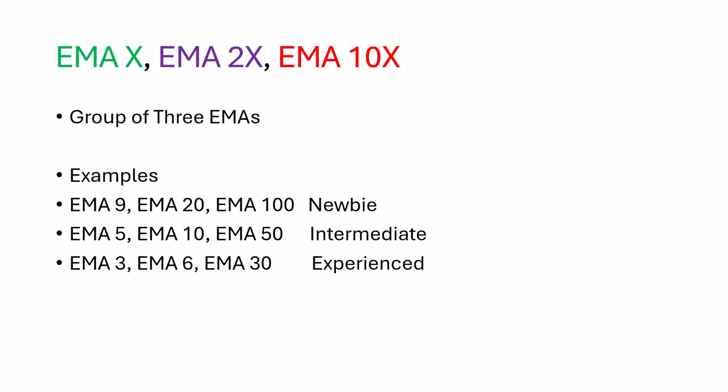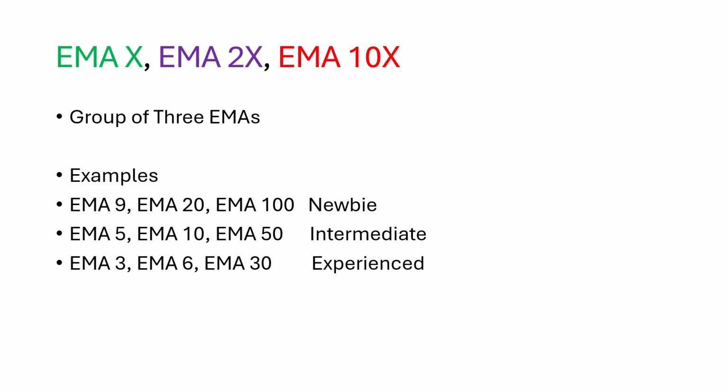Or if you are a little more experienced, you can just reduce the timelines. This 9 is nothing but 9 candles before, or 9 minutes before that. So if you select this EMA 9 and you select the time interval as 1 minute, it takes into account the last 9 candles. If you are a faster person, 3, 6, 30 also you can use it.